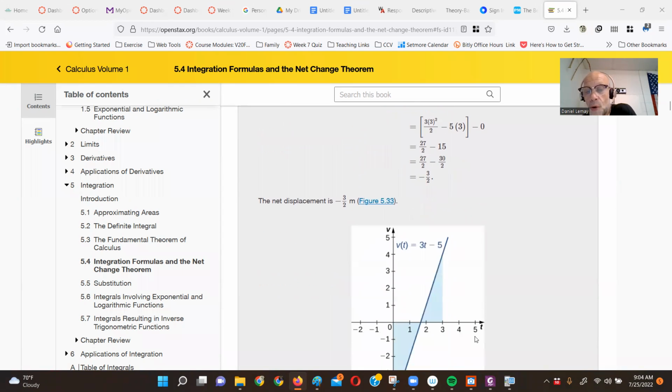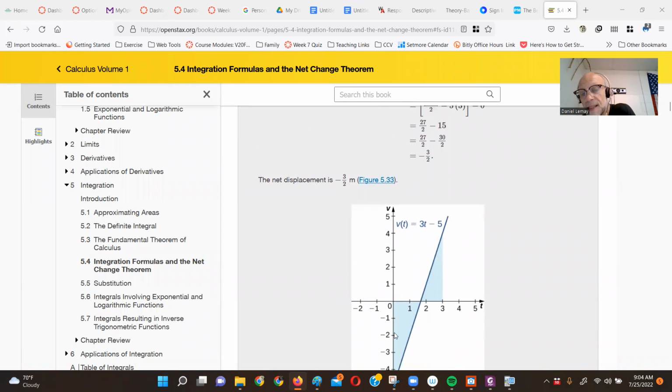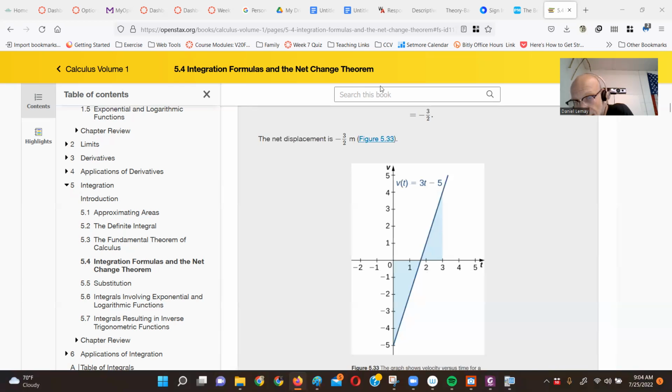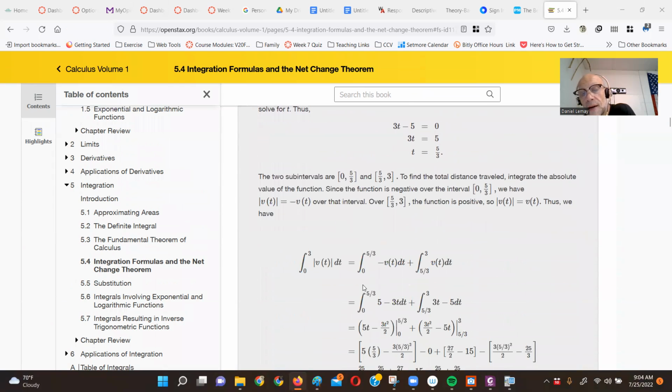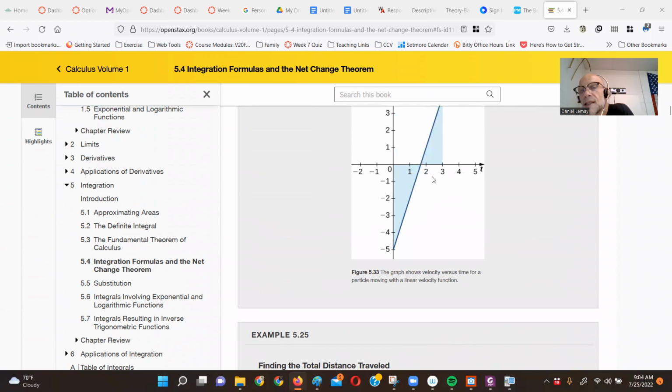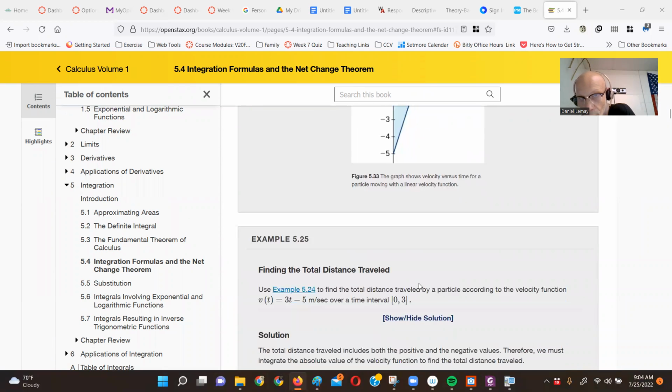If you want to find total area or the total distance traveled, you can see how the negative cancels out the positive, like up above, but just not as nice rectangles. They tell you to find where the curve crosses the x-intercept. That's where it goes from negative to positive or positive to negative.